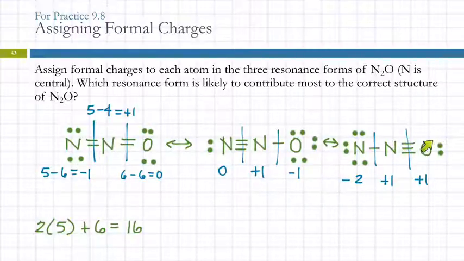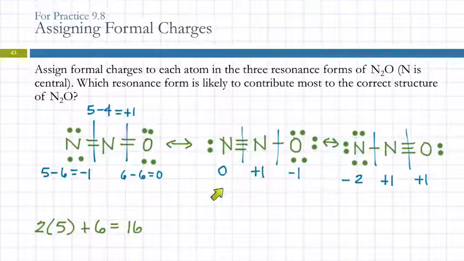So if it broke up and all the bonds were shared equally, this would leave as a +1 ion. This would leave as a +1 ion. This would leave as a -2 ion. That doesn't happen, but that's what we're thinking about. So which one is the worst? This one. They all have a formal charge, and this one's 2. These are better because we've got one that's 0, and the others are only 1s.